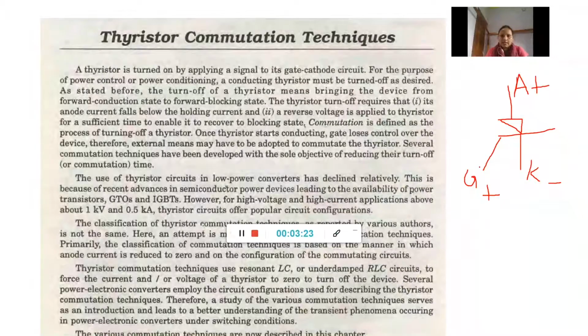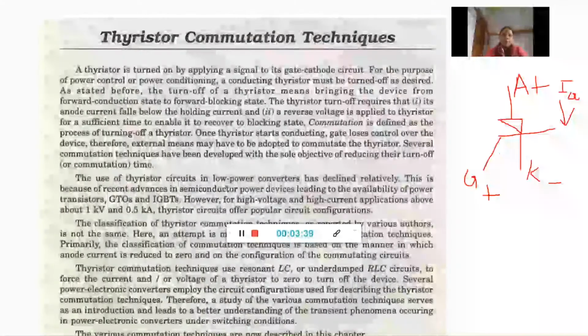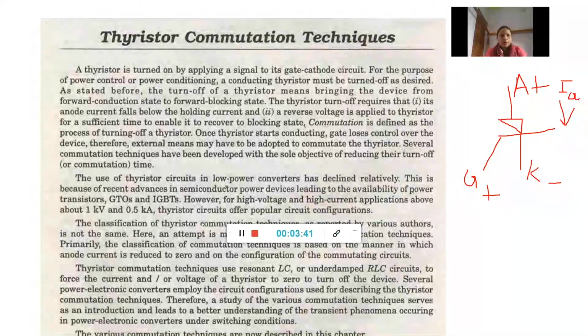After applying the gate signal to its gate cathode circuit, the thyristor is turned on. That means anode current will flow from anode to cathode. Clear?